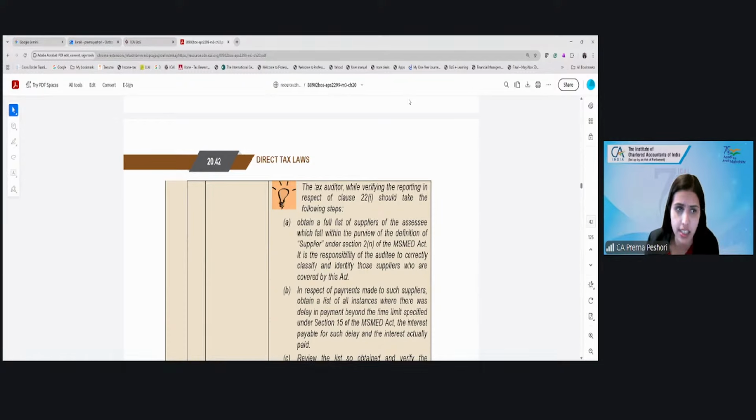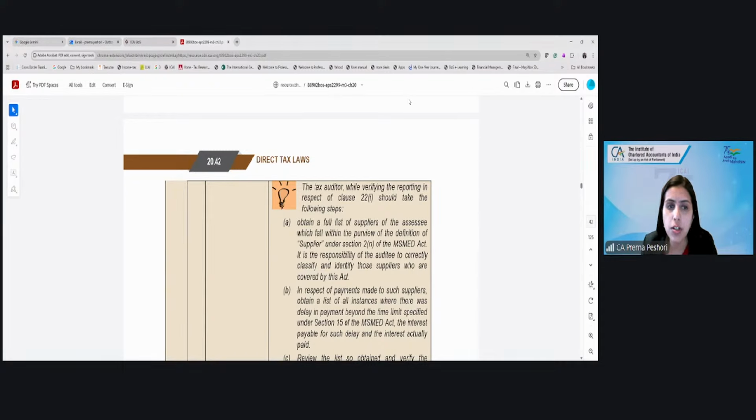Then it is 10 crore. For profession, it is 50 lakh. Then to whom else is the tax audit applicable?